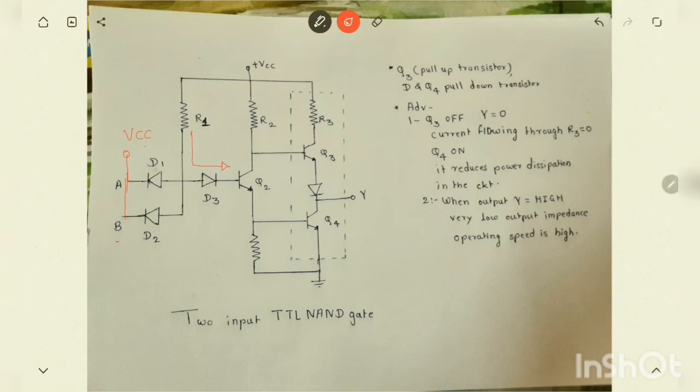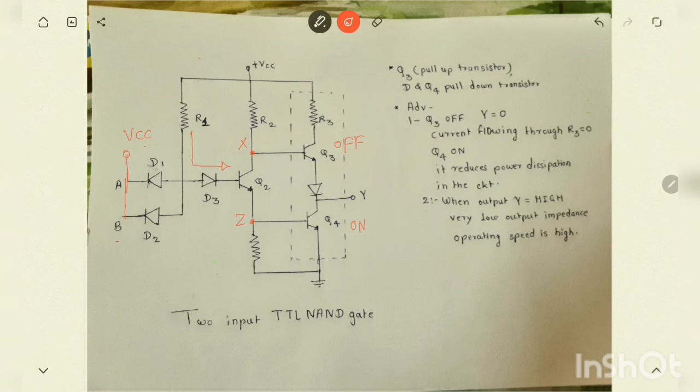Q2 conducts, the voltage at point X drops down, Q3 becomes off, and the voltage at point Z increases to a sufficient level to turn on Q4, meaning transistor Q4 becomes on.